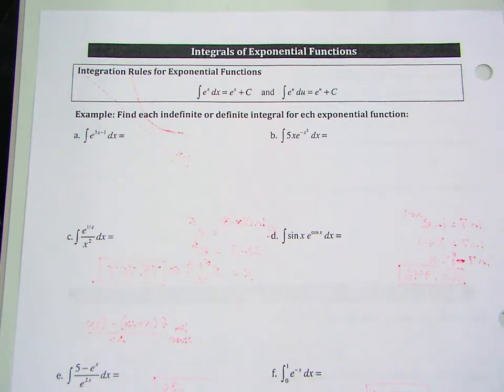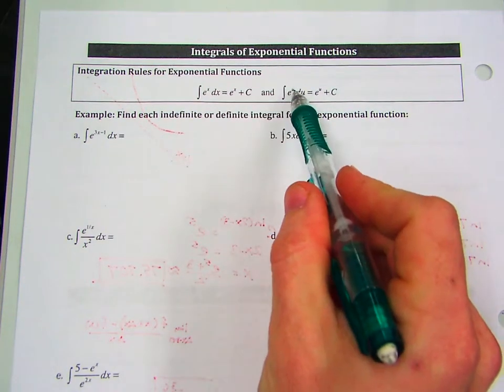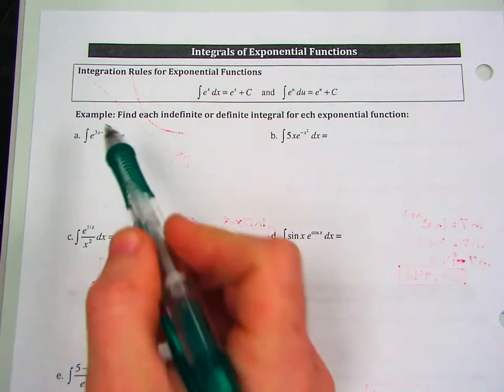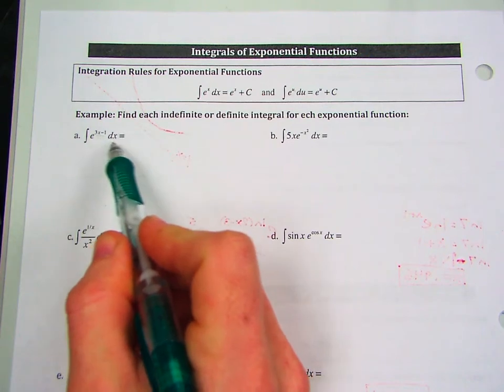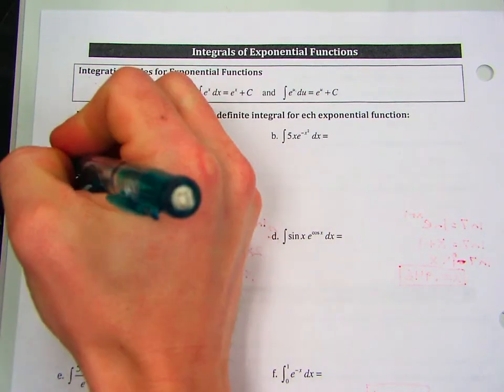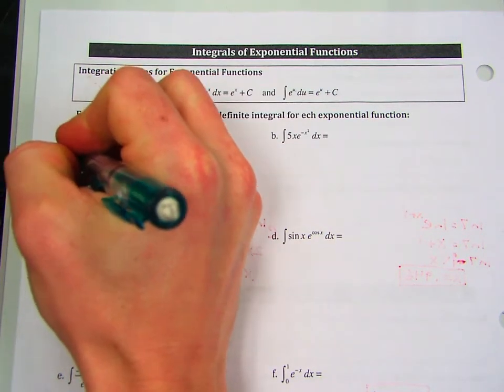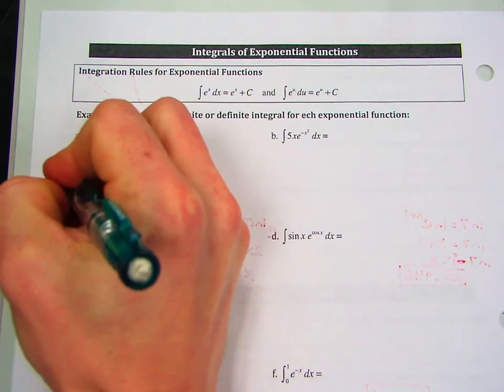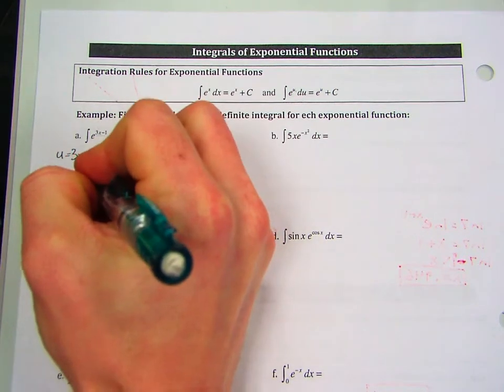So when we look at this, we have e to the u times du. So we have to make sure that whatever this u is, that du is present in our integral. So here we can let u equal 3x minus 1. And that would make du equal to 3 dx.